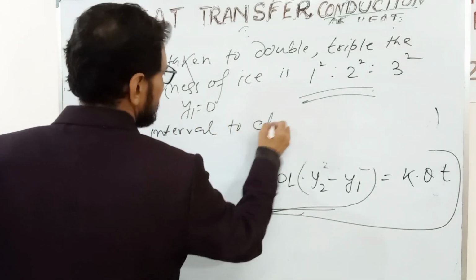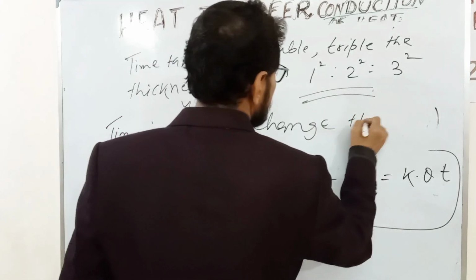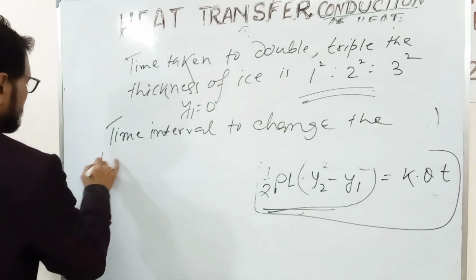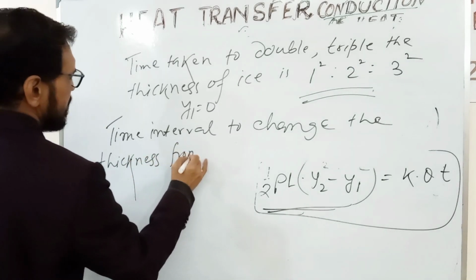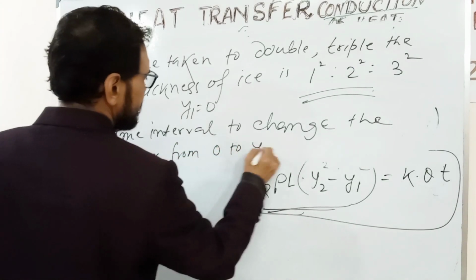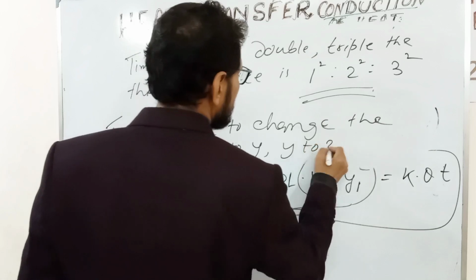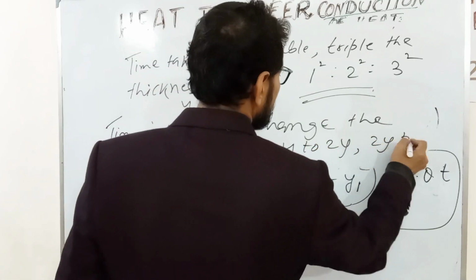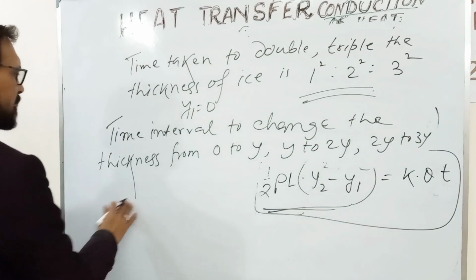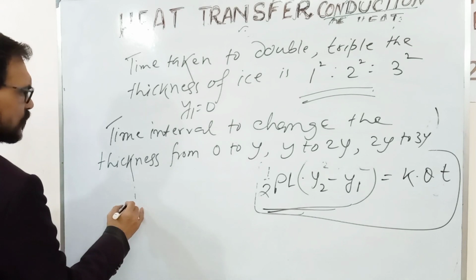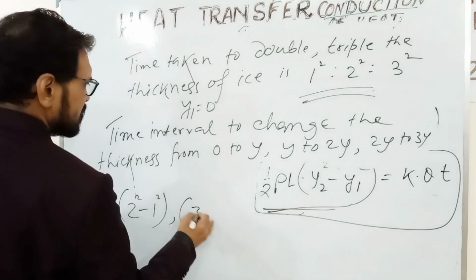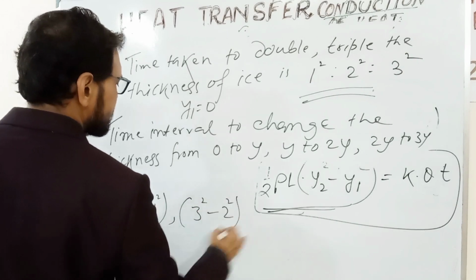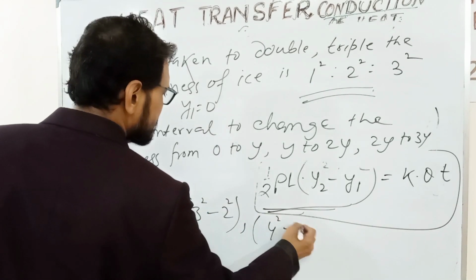to change the thickness from 0 to y, then y to 2y, then 2y to 3y, etc. This time interval should be 2 square minus 1 square, then 3 square minus 2 square, then 4 square minus 3 square.